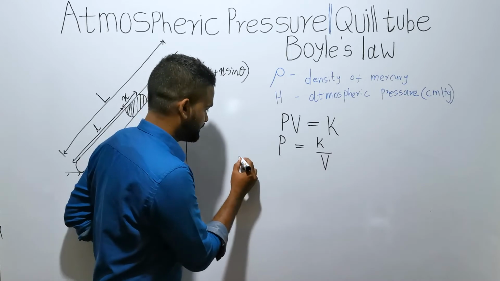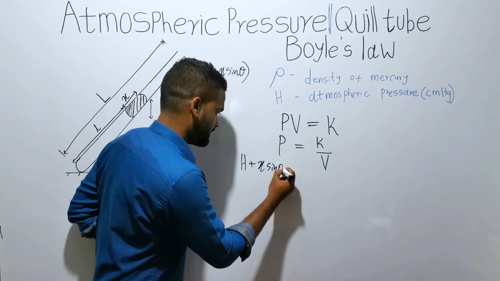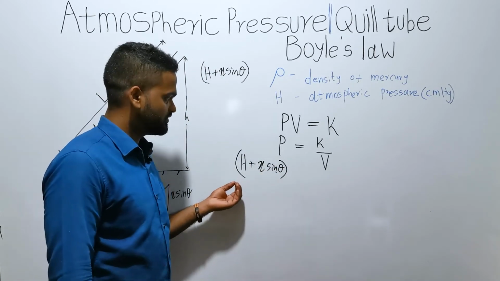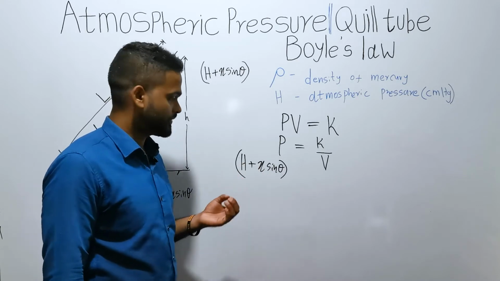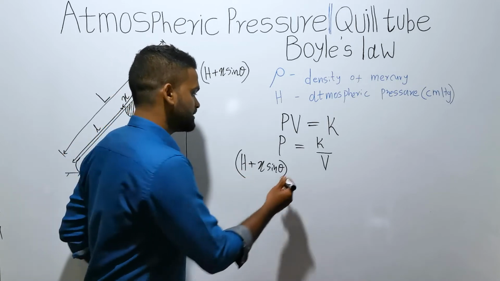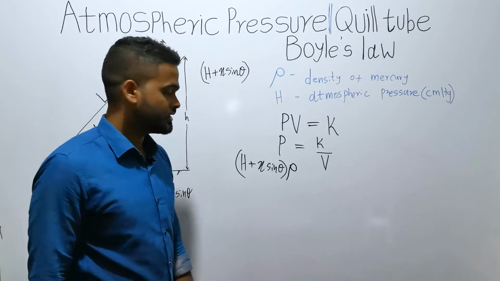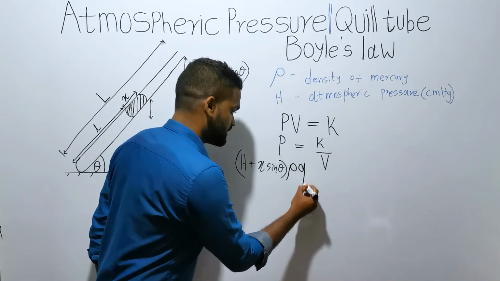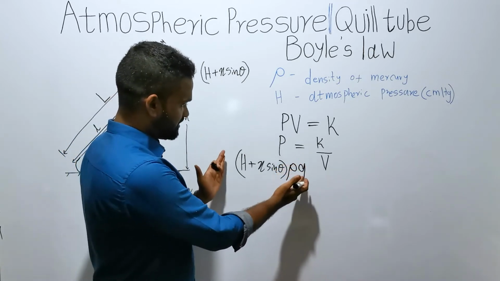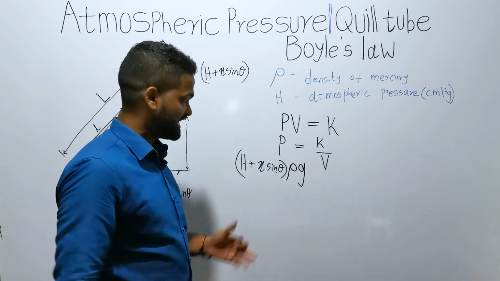So P is H plus x sine theta. This is in mercury centimeters, but we have to convert it into pascals. To do that, you multiply by the density of mercury and the gravitational acceleration. So you have a term for the total pressure inside the trapped air in pascals.